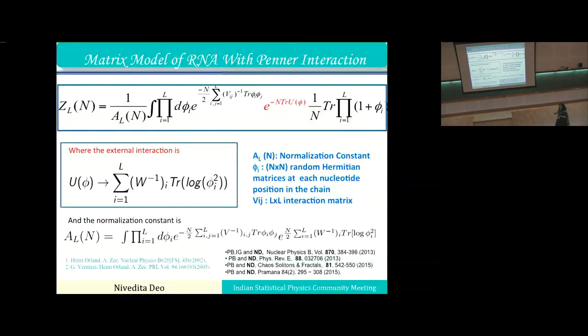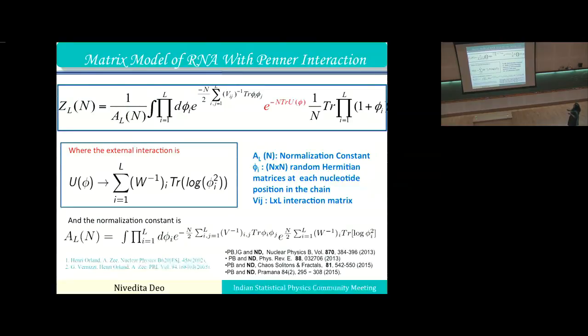So this is a field theoretic random matrix model, and the idea is that at each nucleotide you put a random matrix, and i stands for the position of the base. A_L is a normalization constant given by this.